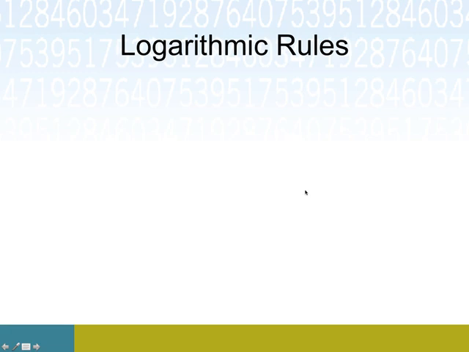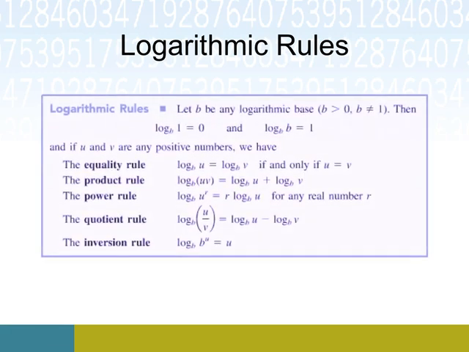So the rules that go along with this are actually pretty daunting when you first take a look at them. But when we think about logarithmic rules, every single one of these is stolen from exponential functions. So logarithms exist entirely as a way to undo exponential functions. So they end up having their own interesting characteristics and models that go along with them, but all those models are based off of the inverse of an exponential function.